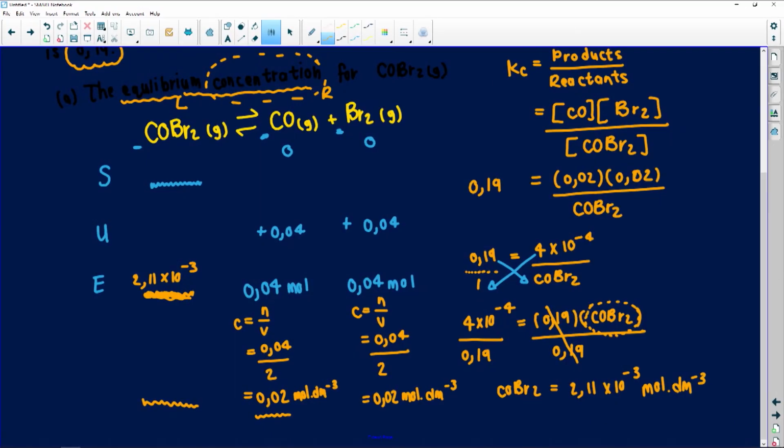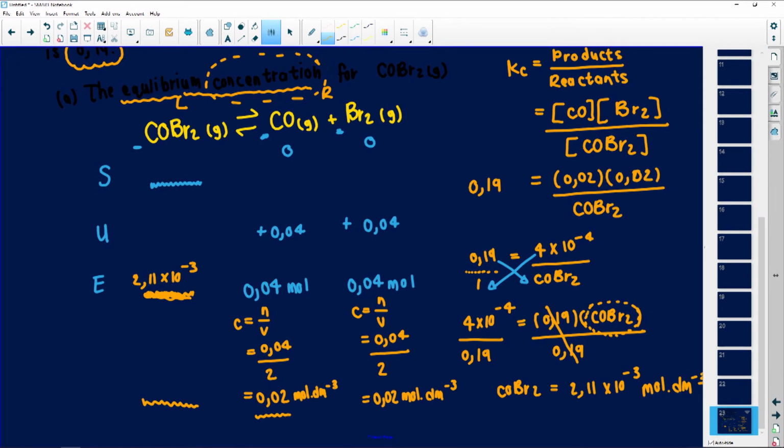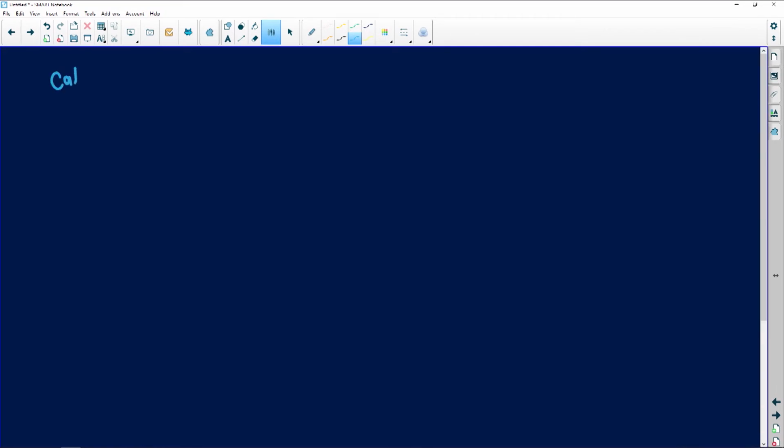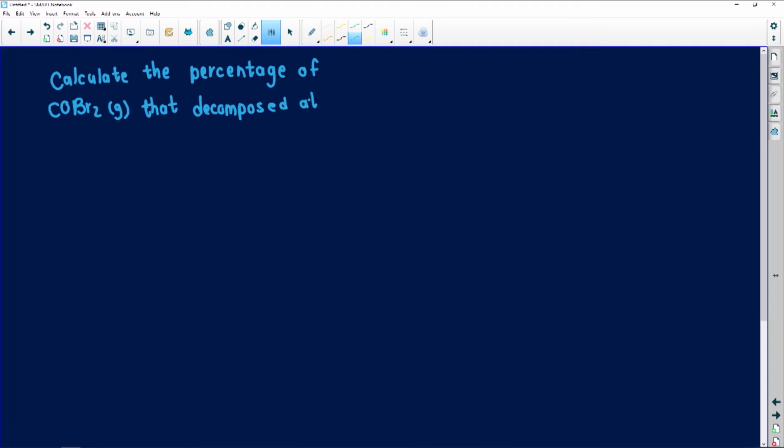The second part of the question tells us that we must calculate the percentage of the COBR2 gas that decomposed at the temperature of 73 degrees Celsius.